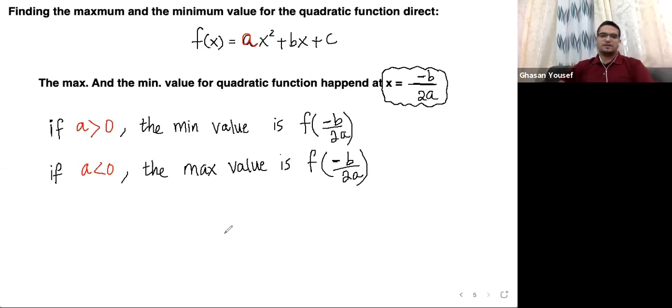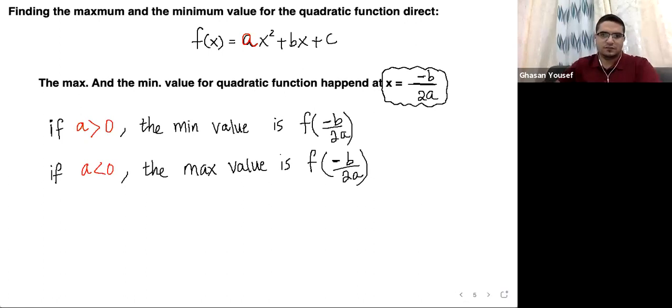So I'm going to give an example to show you how we can use this way to find the maximum and the minimum value directly. I'm moving to the next slide.